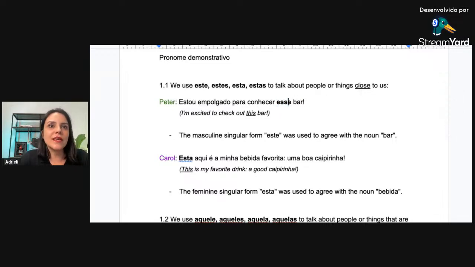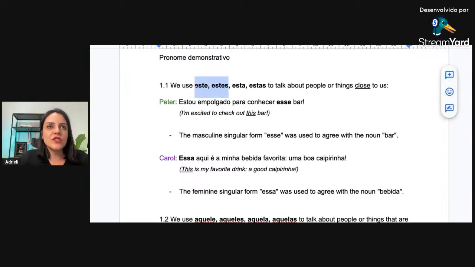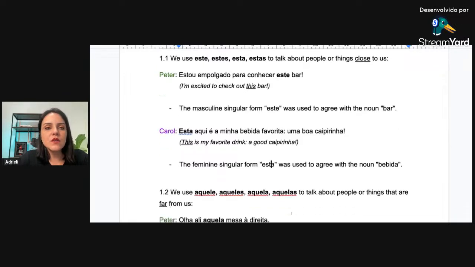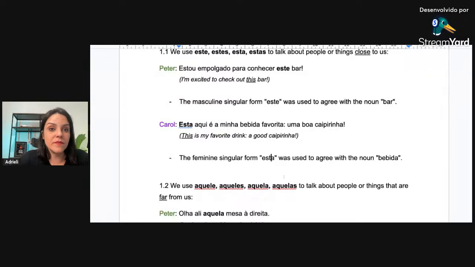They prefer esse. So it's possible that you never hear people saying este ou esta, but you hear people saying esse ou essa. Okay? But I'm here to tell you that the rule is that we use este, estes, esta, estas to talk about things that are close to us. Okay? Close to the person that is speaking.